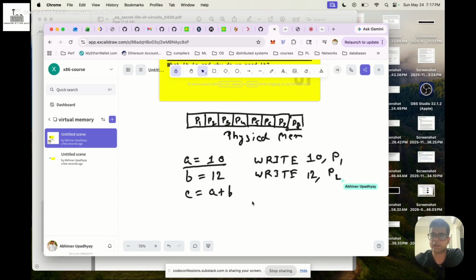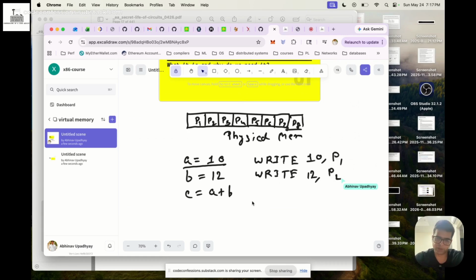But in the real world, in today's time, we have machines where hundreds of processes run in parallel, either due to multi-core or because the operating system does context switching. It executes one process, then switches to another, executes that, and so on. All these processes which are running concurrently are sharing the same limited amount of physical memory.